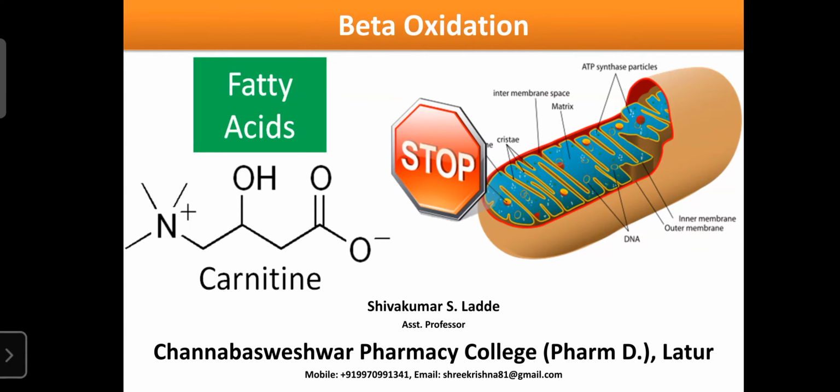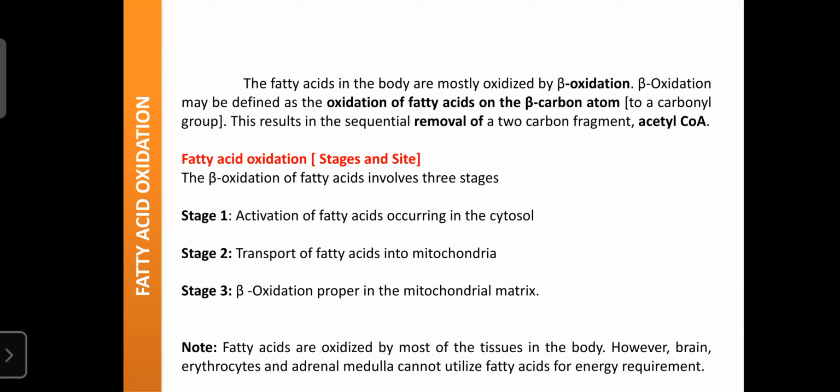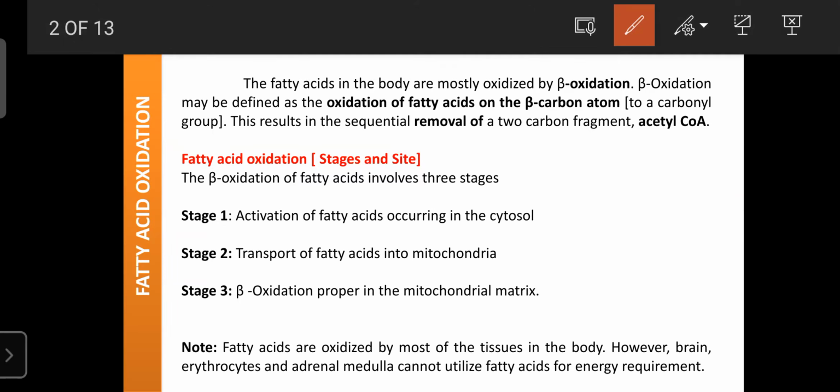So now we go for the introduction. Regarding the definition of fatty acid oxidation, fatty acids are mostly oxidized by beta oxidation among alpha, beta and omega oxidation, so beta oxidation is prominent.